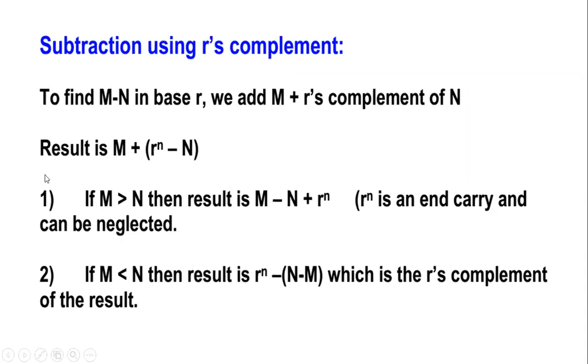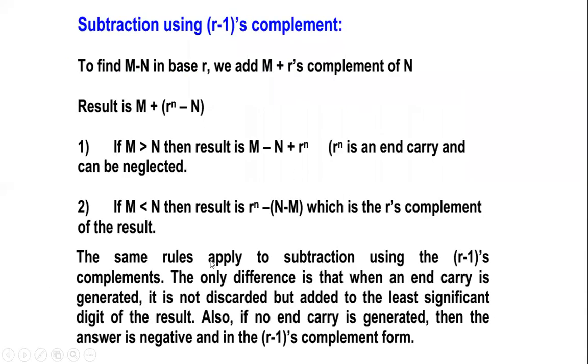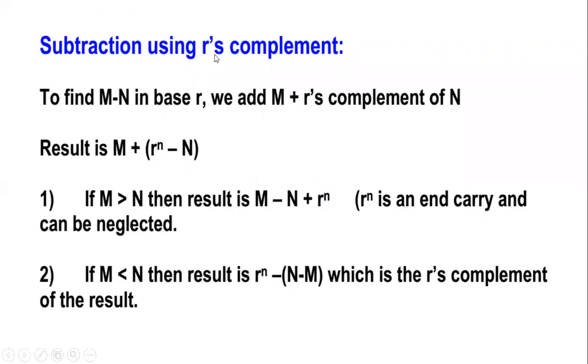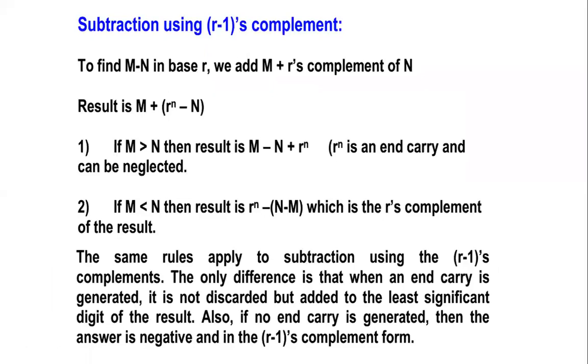Now the 16's complement also uses the same steps. R's complement means 2's complement, 8's complement, 10's complement and 16's complement. R minus 1's complement means 1's complement, 7's complement, 9's complement and 15's complement.